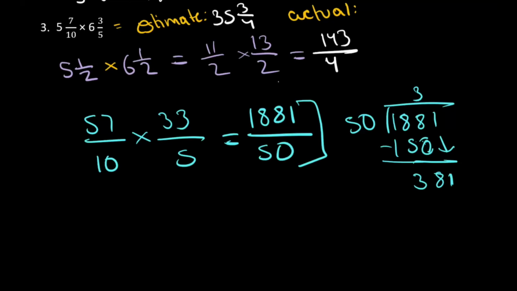So I know that 5 times 7 is 35, and 38 is really close to 35. So I can say that 50 times 7 is 350. 1 minus 0 is 1, 8 minus 5 is 3. So we can't divide anymore other than going into decimals, so let's not do that. We have a remainder of 31. Our actual answer is 37 and 31 over 50. And 37 is really close to 35, so we can say that our actual answer is reasonable.